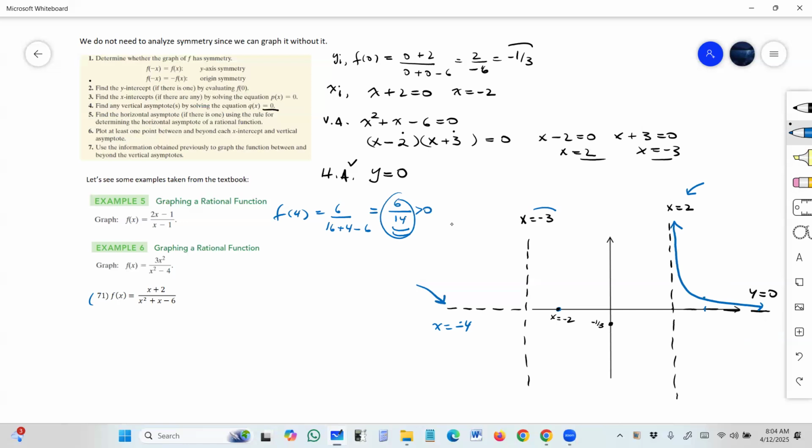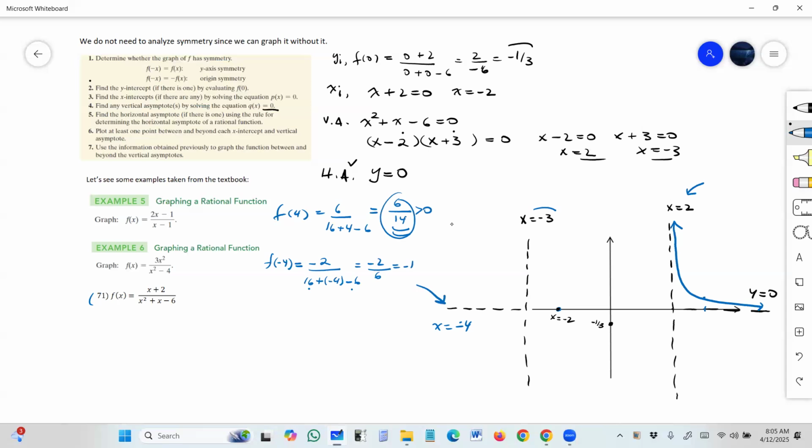Okay? Now, let's do the same thing for -4. So -4 plus 2, -2, -4 squared, 16, plus -4 minus 6. So I have -2, and I have 16 minus 6, 10, right? Minus 4, 6. So this is negative, right?